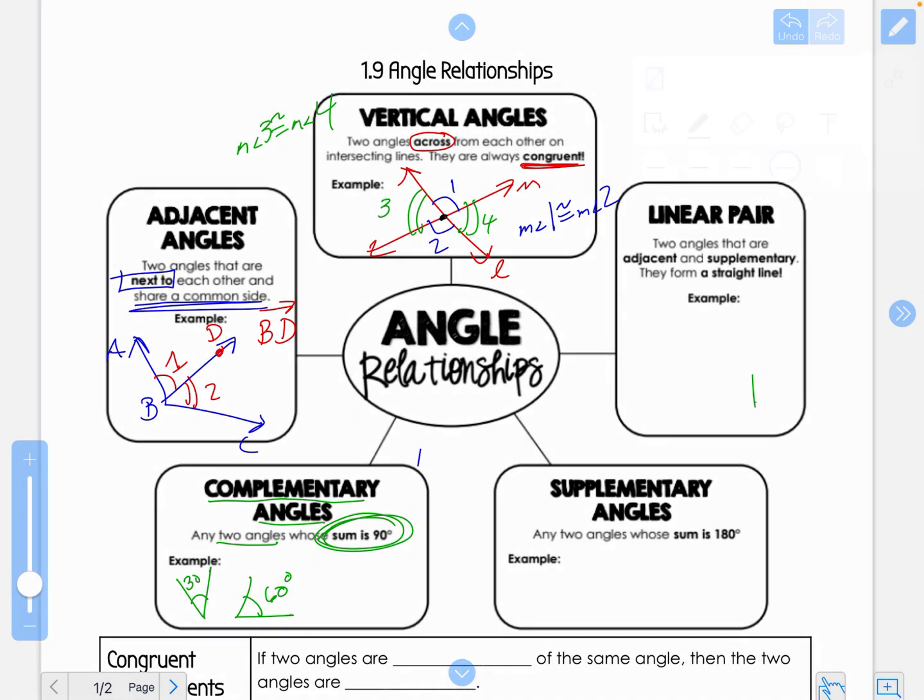We also know that if we have a right angle, and then we have ray AB in the middle of this right angle, angle 1 and angle 2 would be complementary because the measure of angle 1 plus the measure of angle 2 would equal 90 degrees.